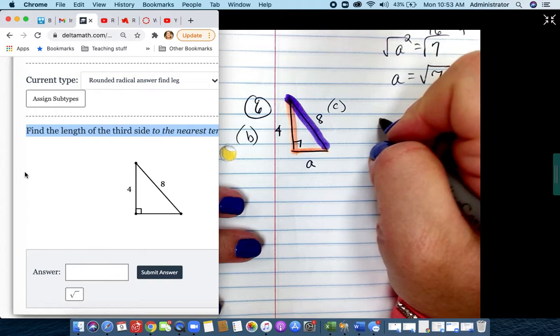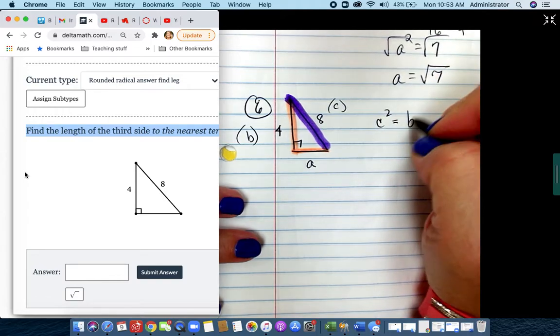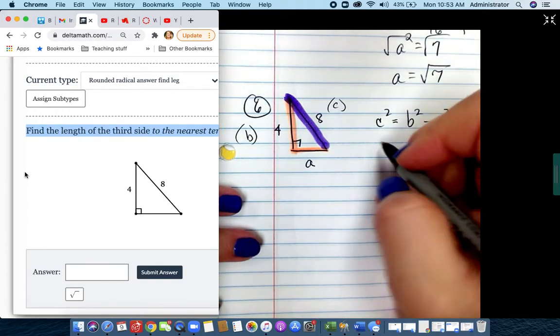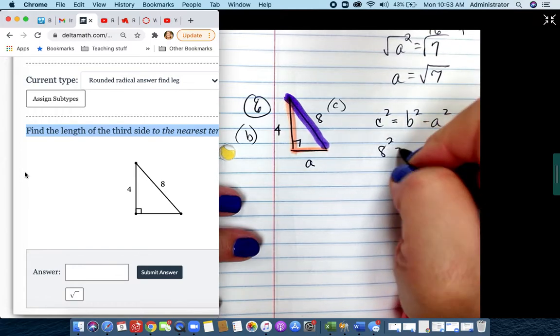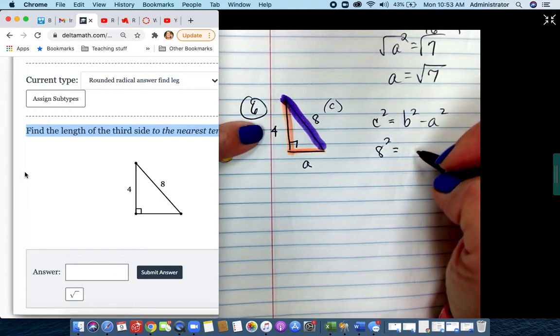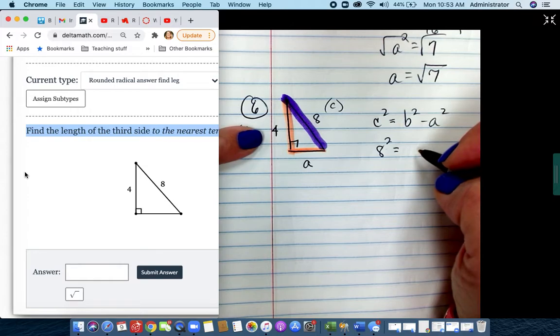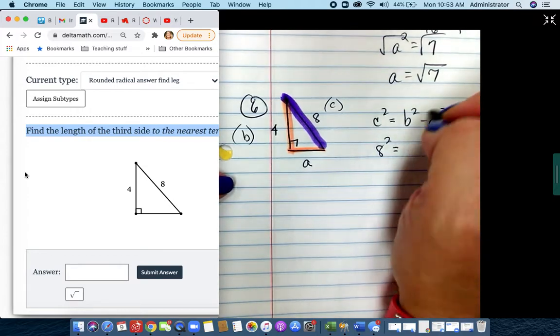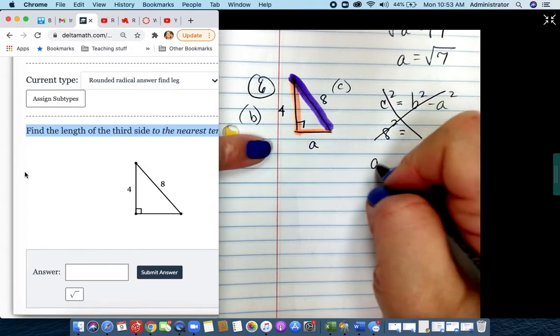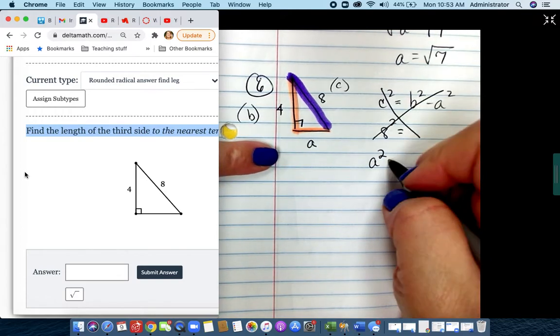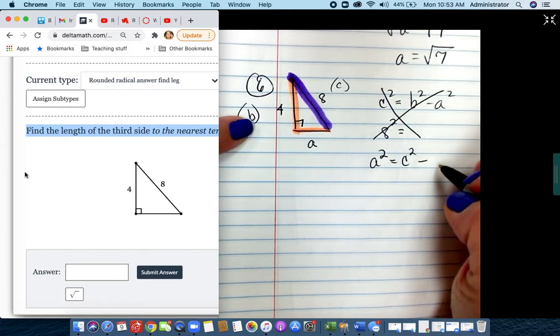So again, C squared equals B squared minus A squared. So 8 squared, hypotenuse squared, is equal to the leg that we, did I write that? I wrote that incorrectly. My apologies. I'm finding the leg, which is A. So A squared equals hypotenuse squared minus leg squared.